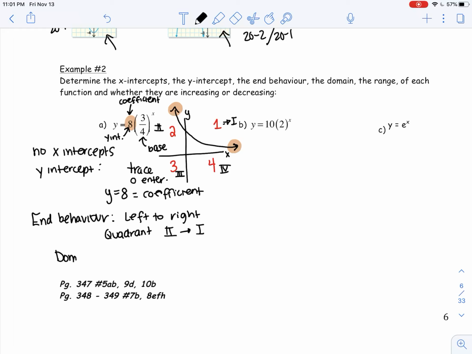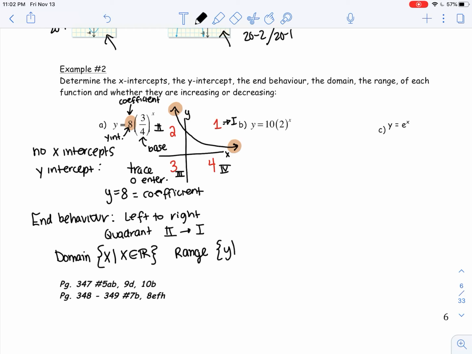Now we're going to do our range. Our range is where we look at the y coordinates and we say, where's our graph located? Well, I told you that there's not going to be any x-intercepts. The graph is not going to touch your x-axis. The graph is everything above your x-axis. So your graph is located from this point and up.